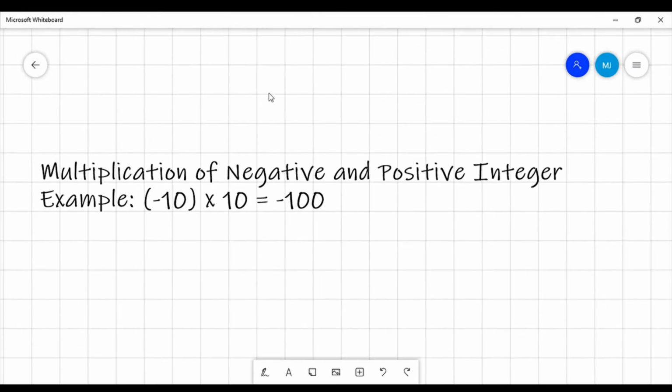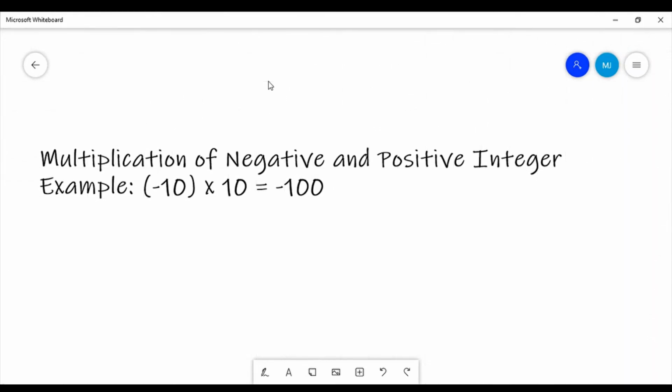Moving on, we have the multiplication of negative and positive integer. So in here, ang tatandaan lang natin is when we multiply negative and positive integer, the result is always negative.